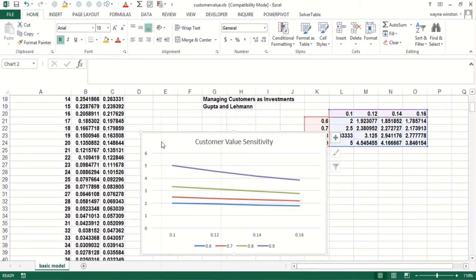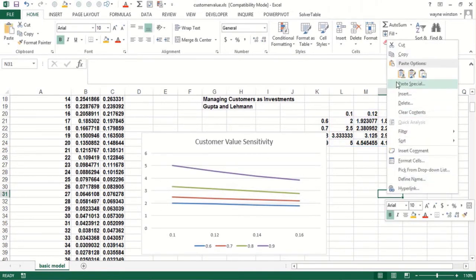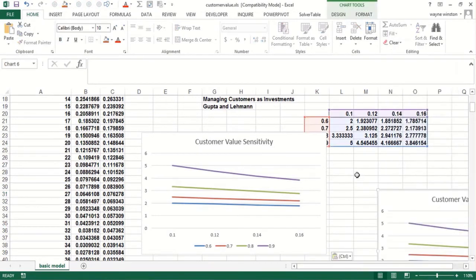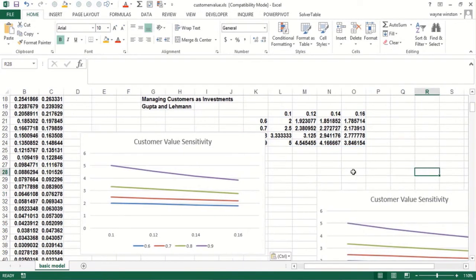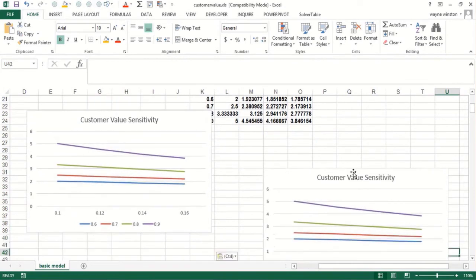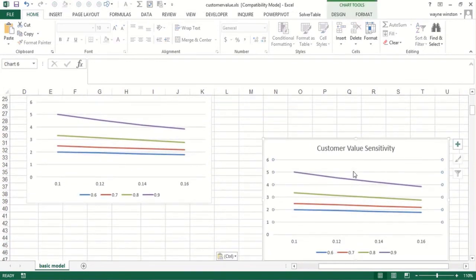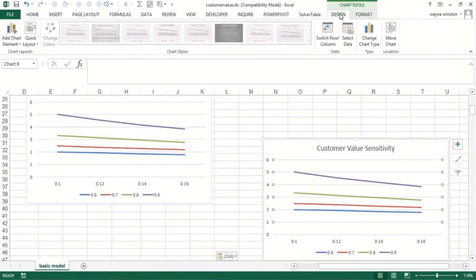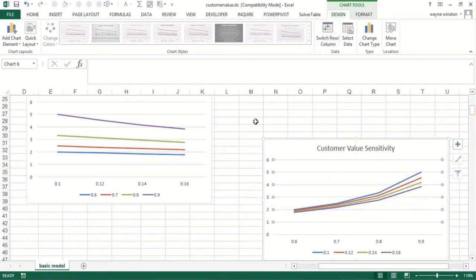Now let me make a copy of this chart. Right-click, copy, right-click, paste. Now I can switch the rows and columns around if I want to. So in this chart, I go to Design, Switch Rows and Columns.